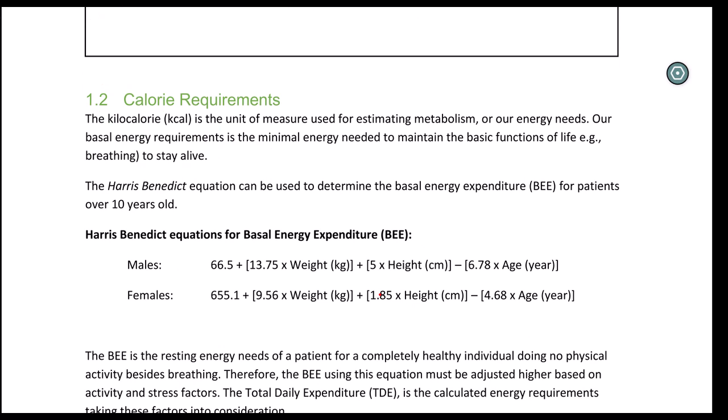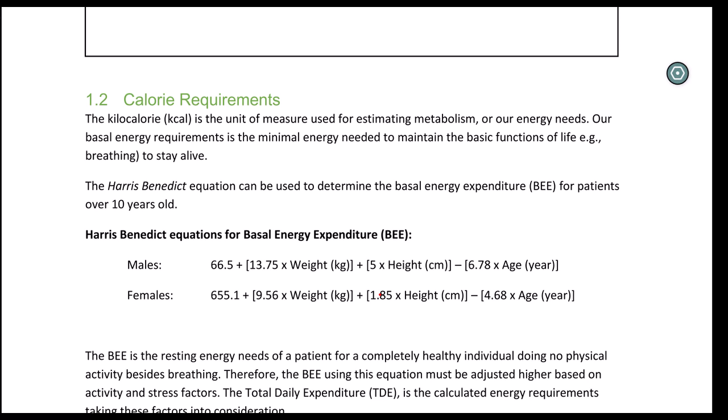The kilocalorie is the unit of measure that we're using for metabolism, that energy. The numbers that we calculate are going to be called the basal energy requirements. This is the minimum amount just to maintain basic life. To stay alive, this is the basic minimum energy requirement that you would need.